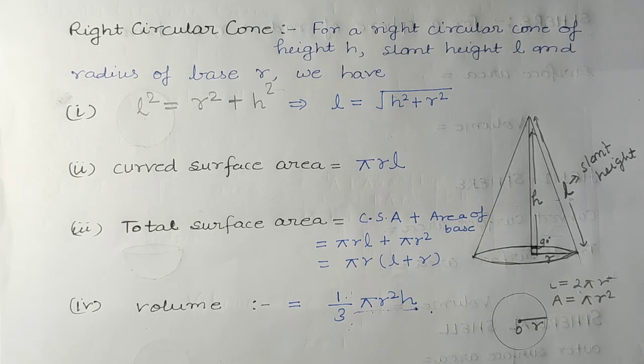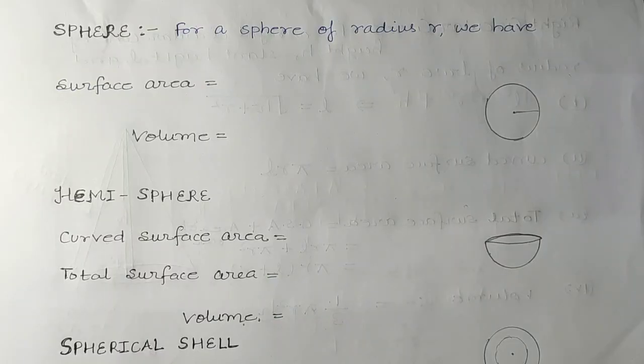Okay, now let us understand our next solid, and this is a sphere. As we all know, examples of a sphere are a football and marbles.